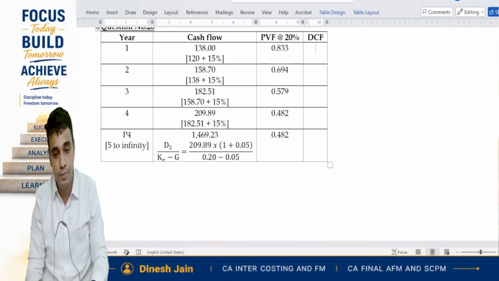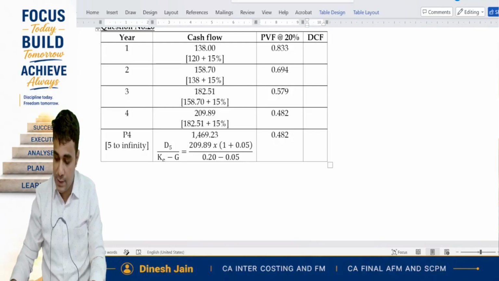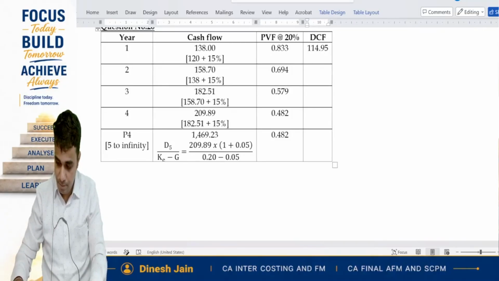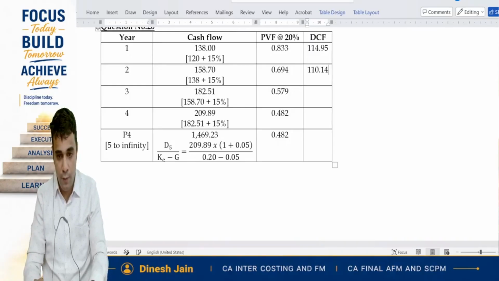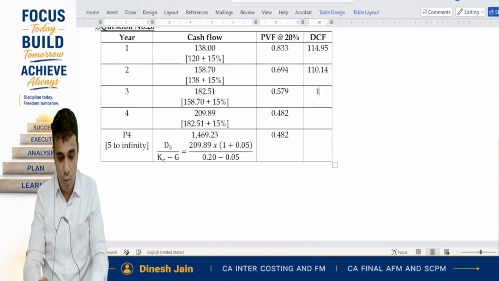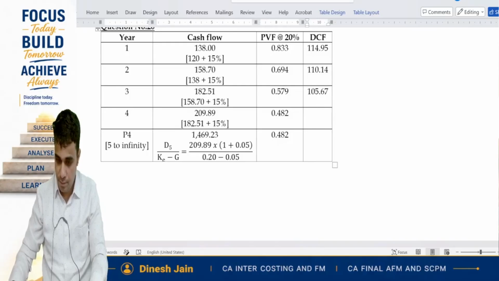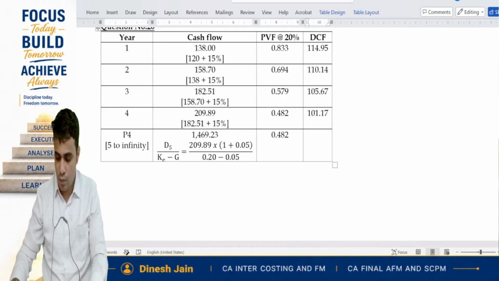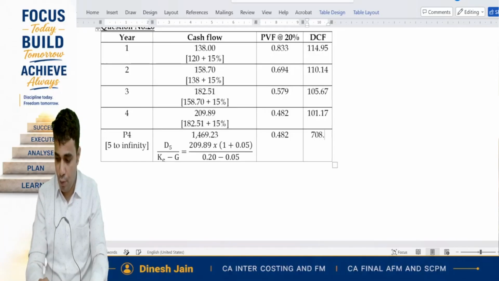Multiply the two. 138, 2 decimal answers. 114.95. 110.14. 105.67. 101.117. 708.17.